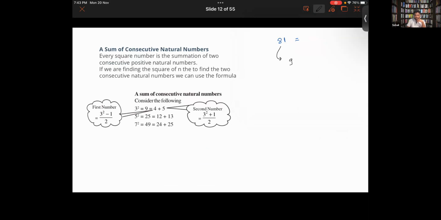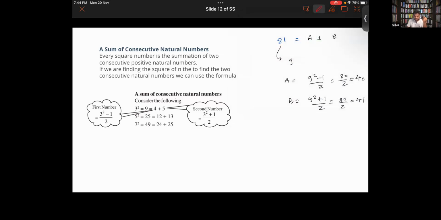A plus B. So A, I can write as (9 squared minus 1) upon 2. That is 80 upon 2, which is 40. And B here is (9 squared plus 1) upon 2. That is 82 upon 2, so 41.